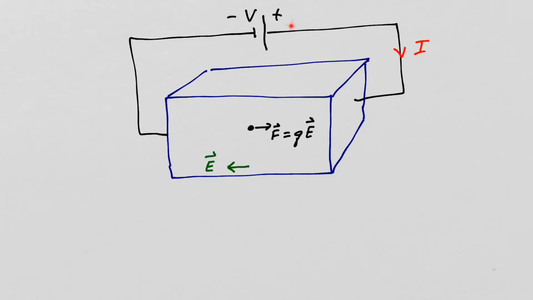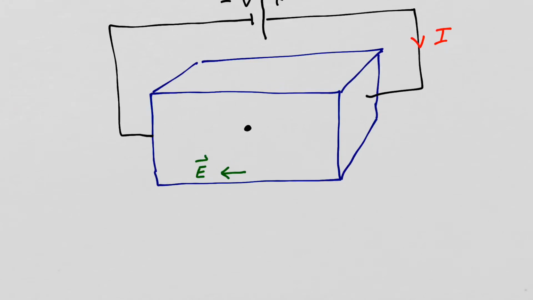For the applied voltage, the electric field intensity will be to the left. The force on the conduction electrons is the charge on the conduction electrons times the electric field intensity. So that force will be pointing to the right because the electrons carry a negative charge. Again, let's zoom in on the electron and watch its behavior.